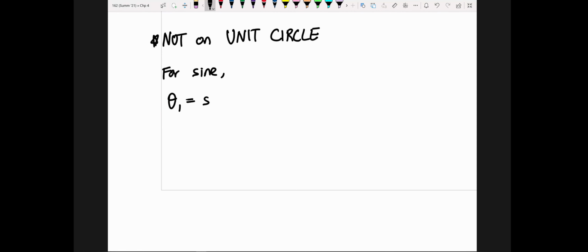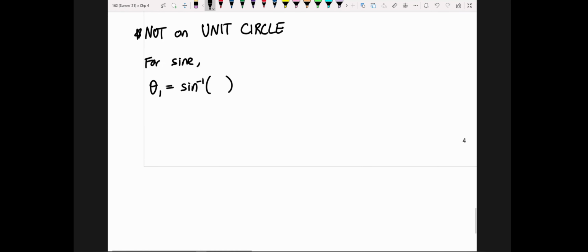To get the first solution, you use inverse sine. Okay, and then let's draw a picture here. The first solution will be in the restriction. So let's say this is theta 1. That's your first solution.